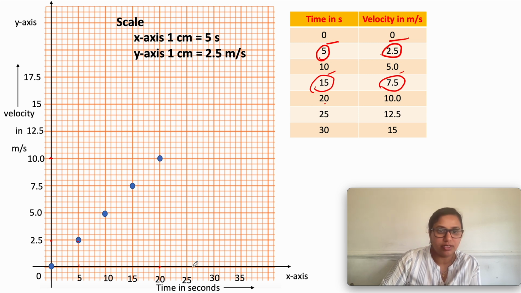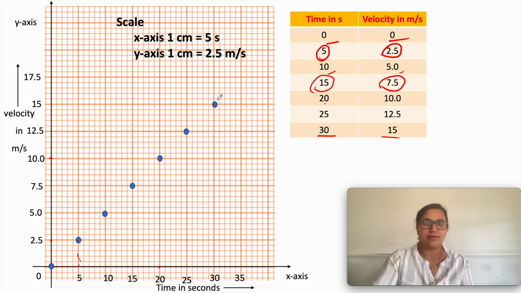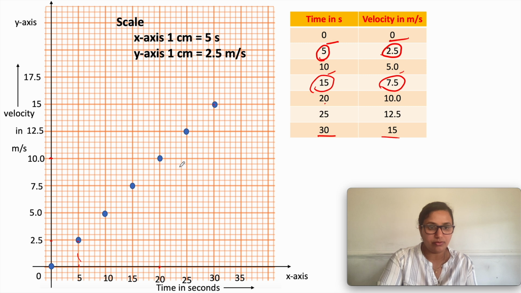Next is 25 and 12.5, so the next point will be here. Next is 30 and 15, so the last point is 30 and 15. Next, you have to join all the points so that you get a straight line like this.